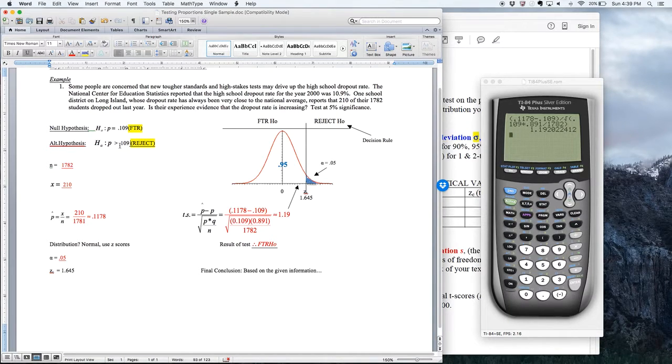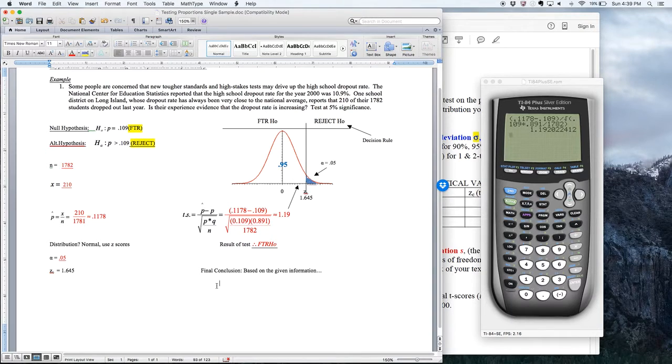Well, here's my statement that says it's increasing. The alternative: the population proportion is greater than 0.109. We're rejecting this claim. All right, so is it increasing for them? No, obviously not. Since we're failing to reject that it's still about 10.9%, notice we're not saying accept that, by the way. That's a crucial thing. We're not saying accept here. But we're rejecting this statement that it's, in fact, increasing.